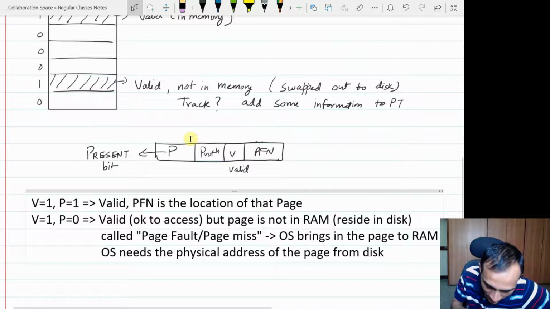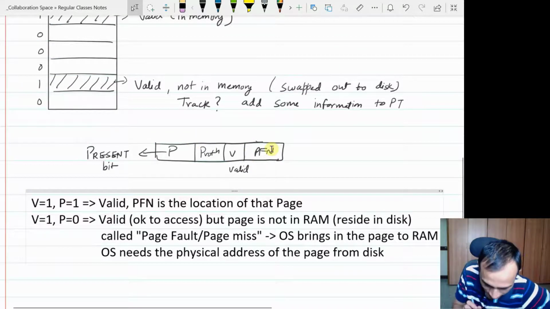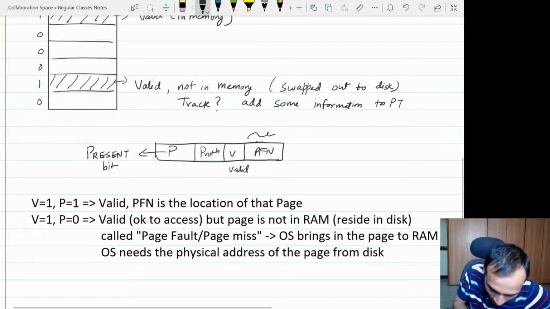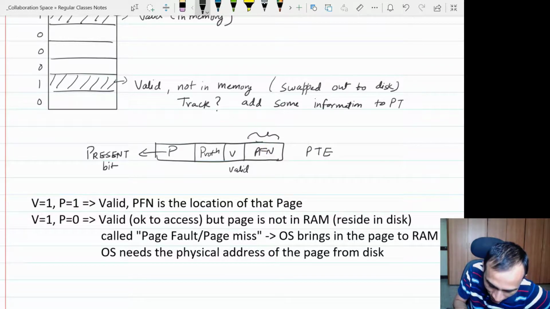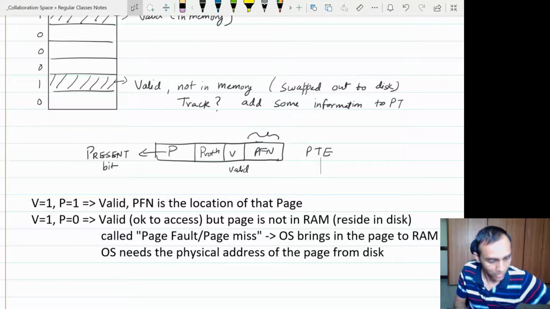One possible way is to use the existing space of the PFN, because when the present bit is 0, there is no point in storing any PFN, as no actual frame has been assigned. So the same space can be used to store the physical address of the page on the disk, and in that way the OS can keep track of that address. There may be other ways also that the OS can store that information.